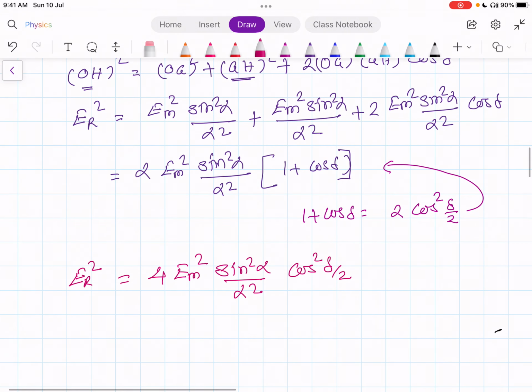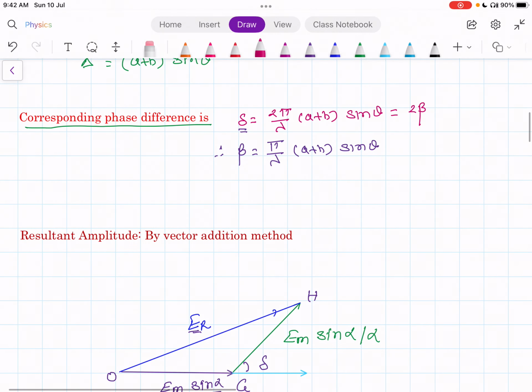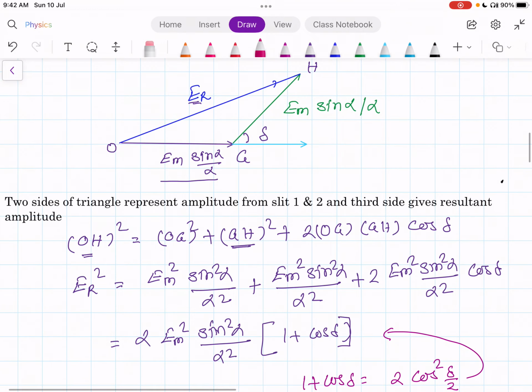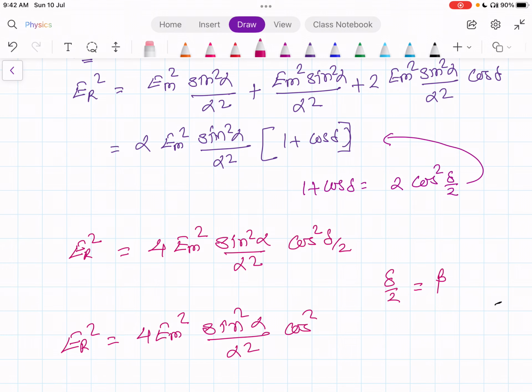But this delta by 2 is equal to beta, because we assumed here that delta is equal to 2 beta. So delta by 2 is equal to beta. Let us substitute that. Then we get ER square is equal to 4 Em square sine square alpha upon alpha square into cos square beta.